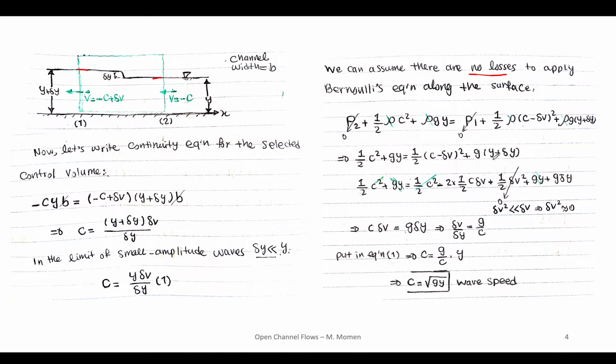So I just expand this term here. It's going to give 1/2 c squared minus 2 times 1/2 c delta v plus 1/2 delta v squared plus g y plus g delta y. First of all, the 1/2 c squared from both sides are going to cancel out. These two terms are also going to cancel out, g y and g y.